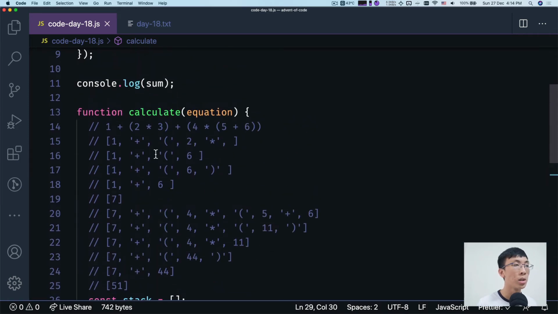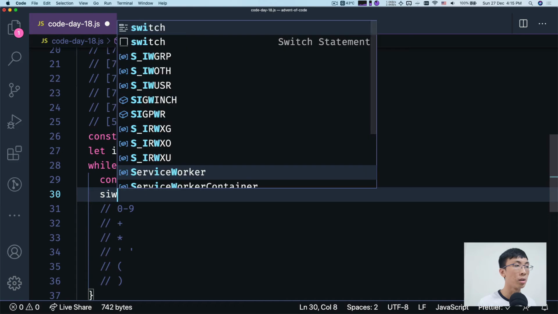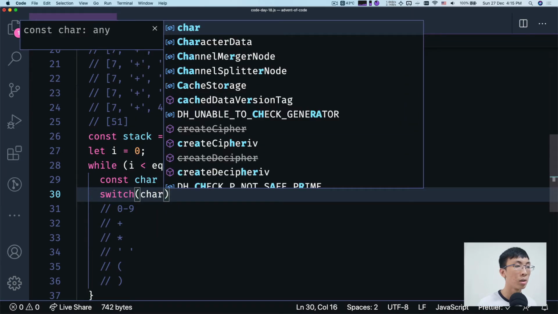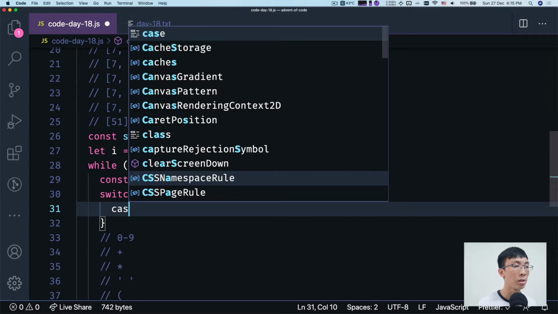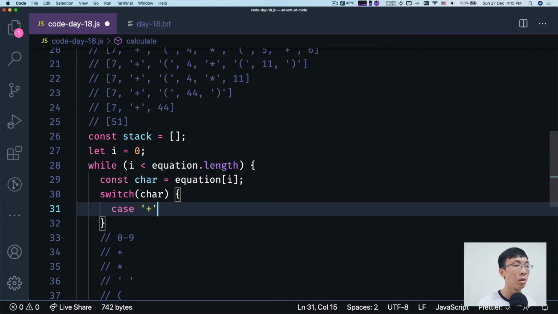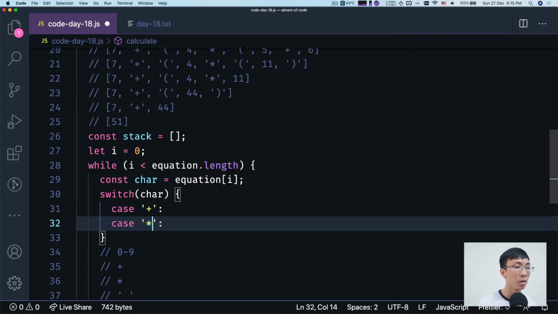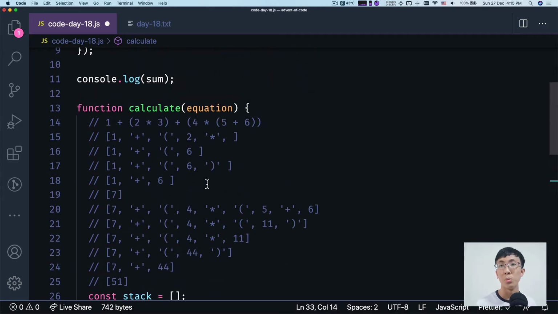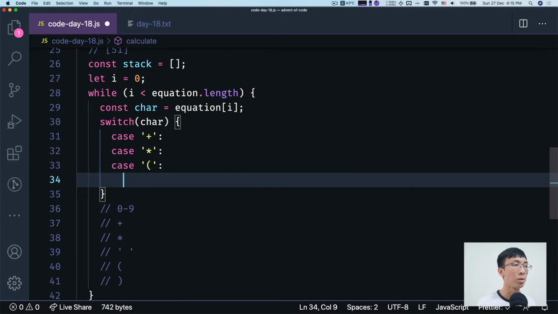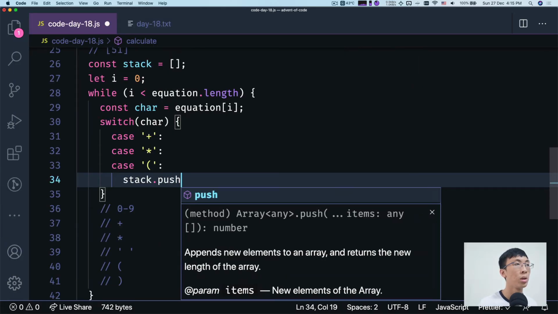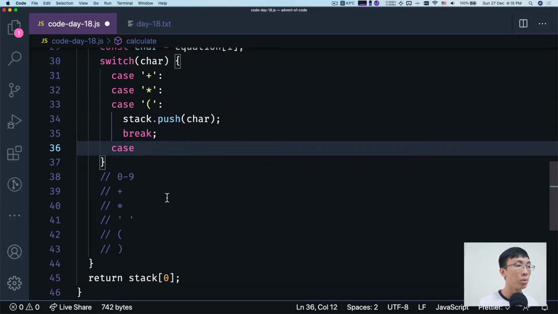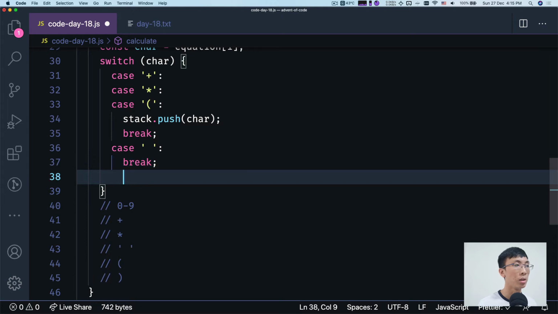So first thing is, we're gonna switch through the character, and in case it's a plus or a multiply or an opening bracket, as you can see here, we just push them in, right? So we're gonna stack.push character. I'm gonna break. Next thing is we will encounter a blank space, which we don't do anything, right?